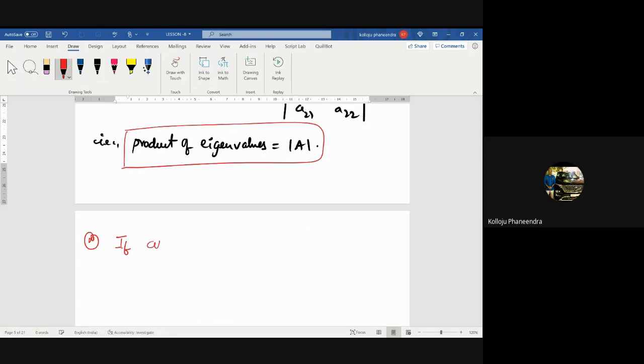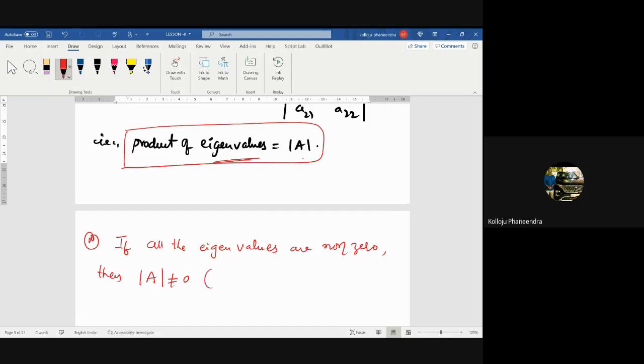First property: if all the eigenvalues are non-zero, then determinant of A is what? The product of eigenvalues equals det A, so if all the eigenvalues are non-zero, determinant of A is not equal to 0.